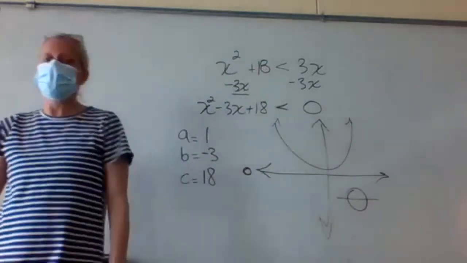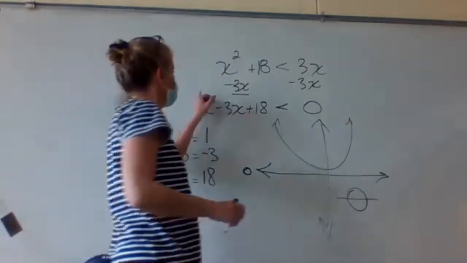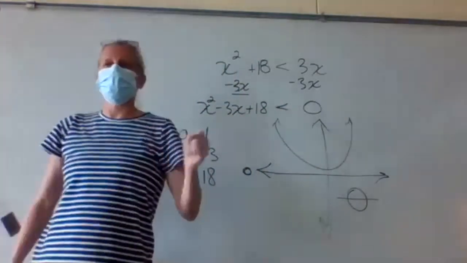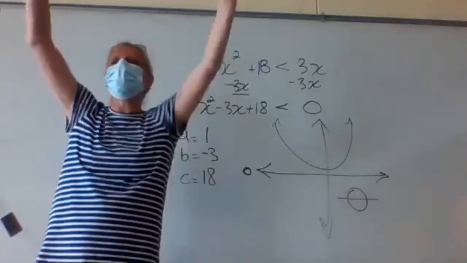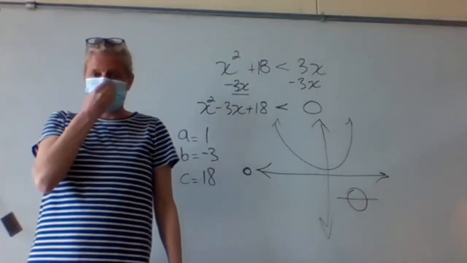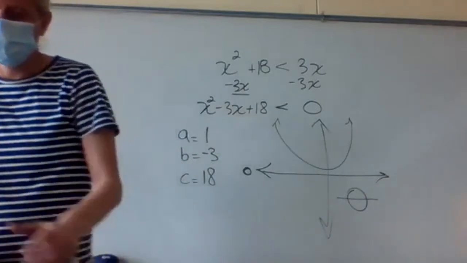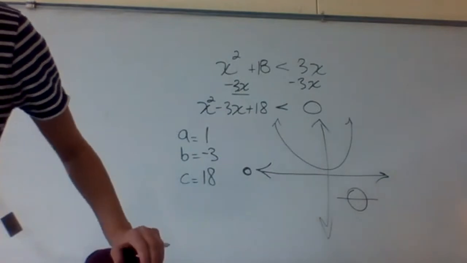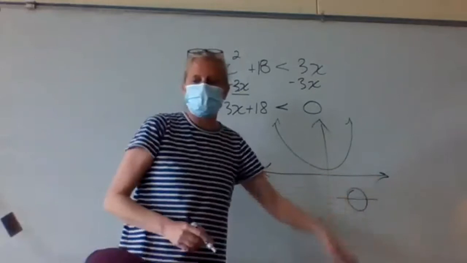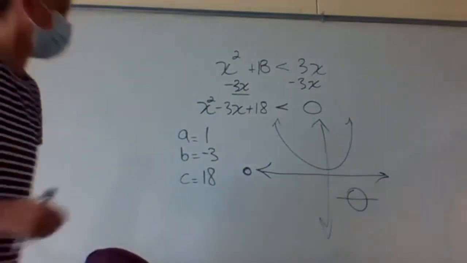There's just not anywhere that it's going to be below 0, because it's a regular U shape with no x-intercepts, which means the whole U is above the x-axis. Okay? And when you're typing that in, one of the options at the bottom will be that null set.